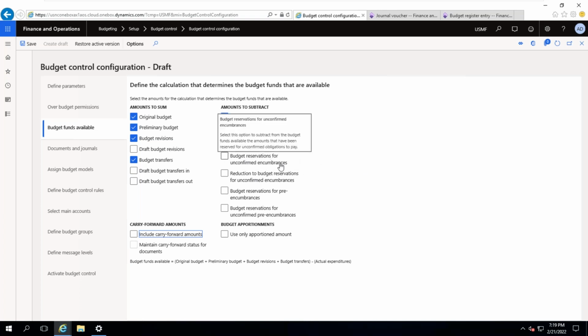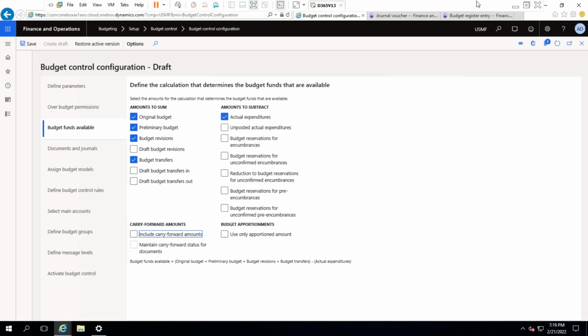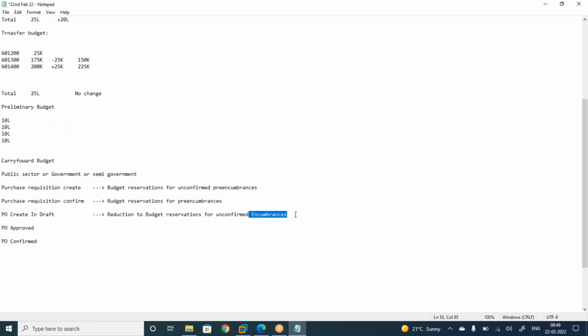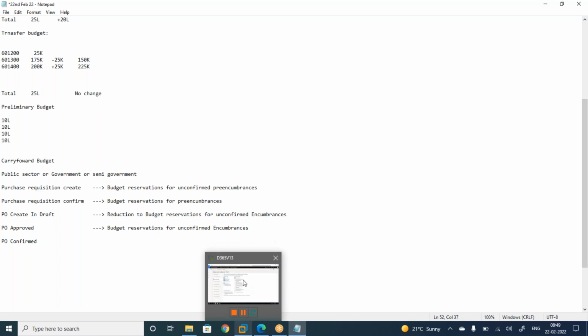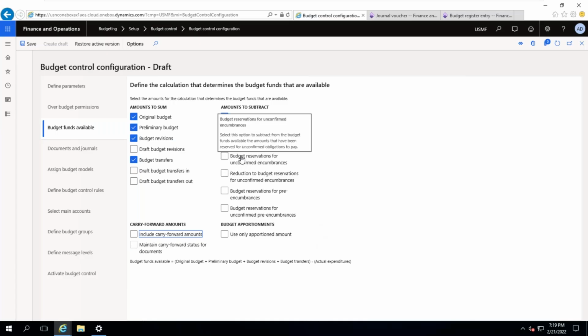Next one is at the time of approved. This one, budget reservations for unconfirmed encumbrances.